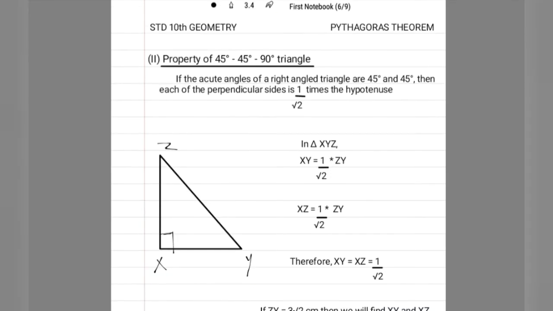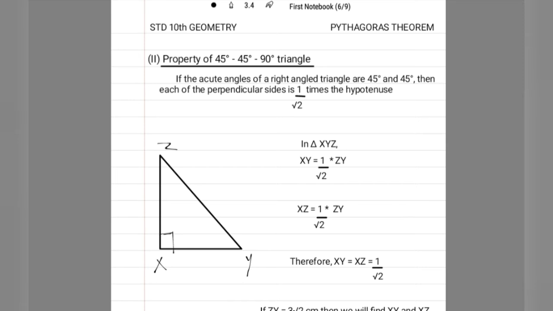Moving to the next property, that is the property of the 45 degree, 45 degree and 90 degree triangle. Now in the previous property it was given that the acute angles are 30 and 60 and the remaining angle is 90. In this property they have given that the acute angles are 45 degrees and the remaining angle is 90. Let's see what the property says.